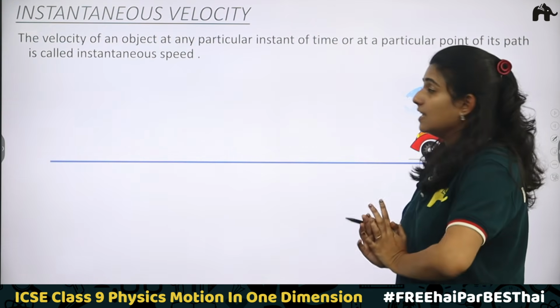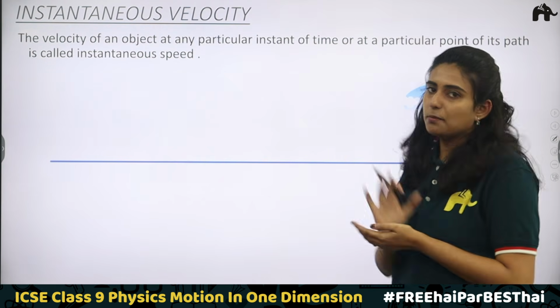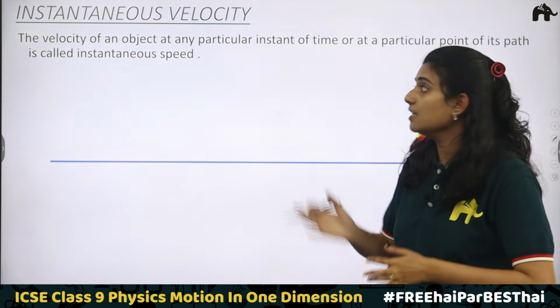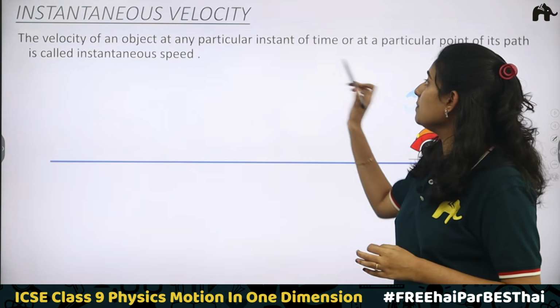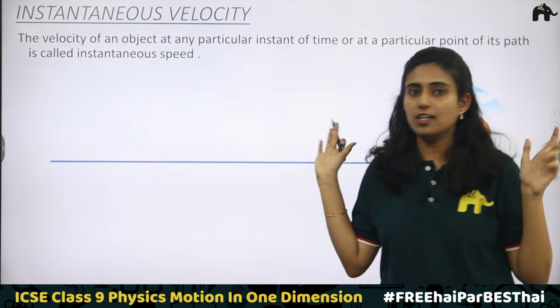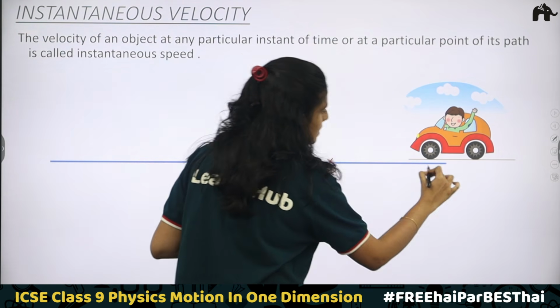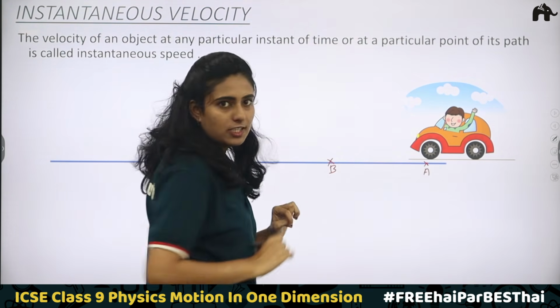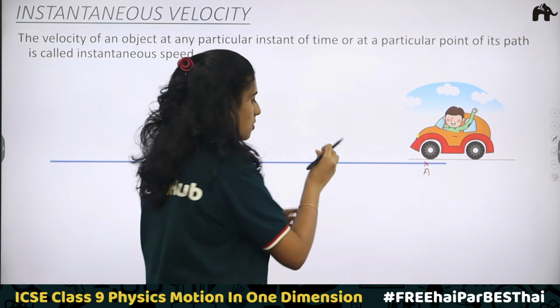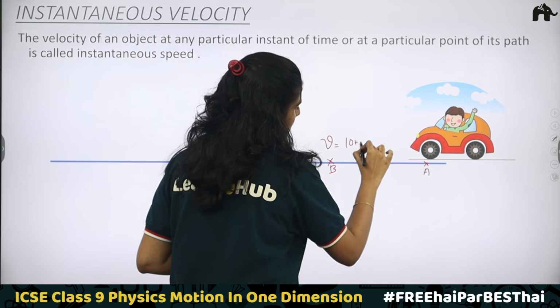Now what about instantaneous velocity? Instantaneous velocity is the velocity of an object at any particular instant of time, or at a particular point of its path. Let's say, starting from A, at the point B, at this particular instant, the velocity of the body is equal to 10 meters per second.